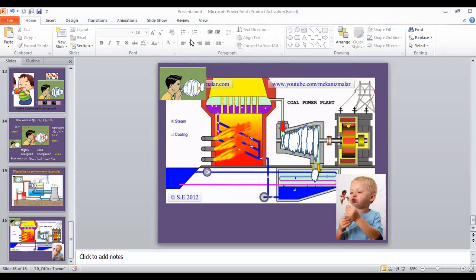Even a turbine can run without the casing, but not effectively. Same as this, it's the same phenomenon. So you should know this very well. So now, further.